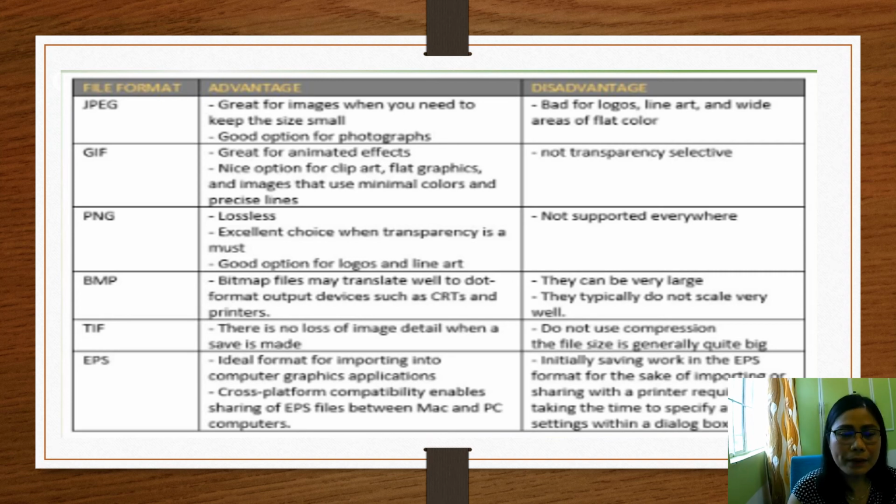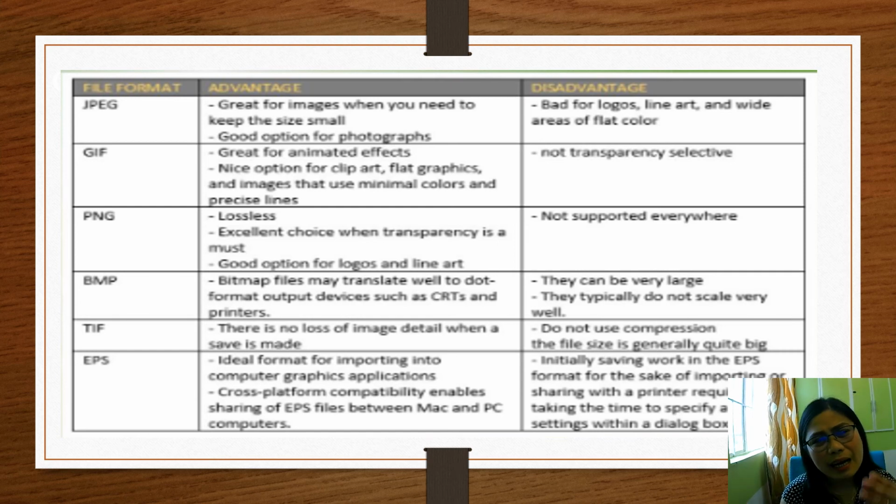So, yung JPEG class, it stands for Joint Photographic Expert Group. Okay? Kino-consider siya as low-zip format, meaning that the image is compressed to make a smaller file. So, yung compression does create a loss in quality. Nababawasan yung quality. But this loss is generally not noticeable naman.